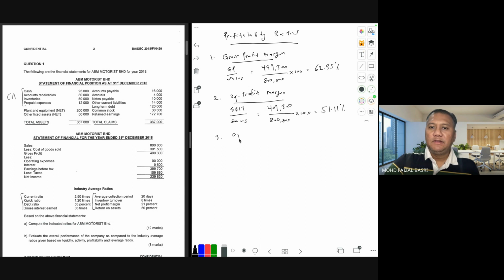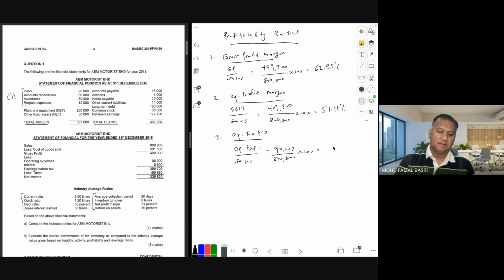Next kita ada operating ratio tadi, whereby we measure this using operating expenses. Okay, OPEX operating expenses divided by sales. But for this ratio, the lower the better tadi kan. But again, we don't have point of reference to compare. Kita boleh calculate sajalah, operating expenses dia is 90,000 divided by 800 times 100%.